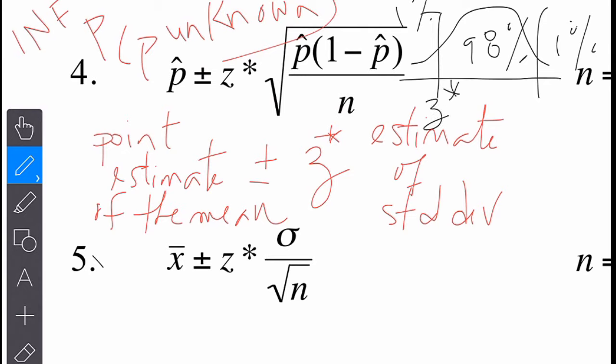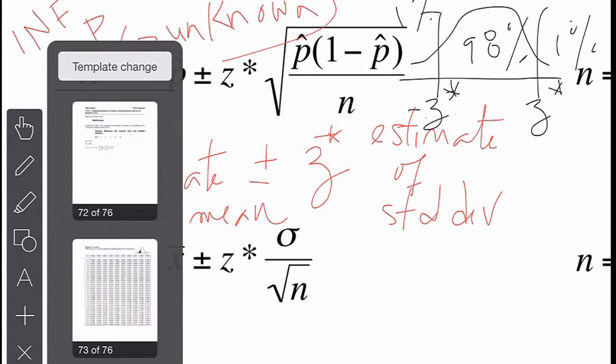This is my Z star, but this one would be negative and the other one would be positive. So we looked that up for 98% and we found 2.33, that's how precise we could be. 2.33 standard deviations from the mean would put 98% of the observations in the middle. So that's the number I'm going to substitute there. So that's what we did last class.